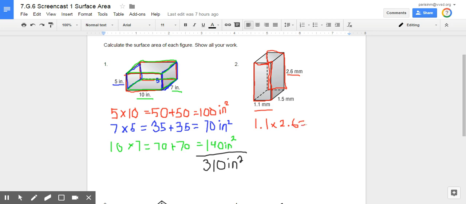I'm going to use my calculator, type that in, 1.1 times 2.6, and I get 2.86. We're talking about area, so that will be millimeters squared. But first, before I add my units, we just multiplied length times width, so that's only giving me one rectangle. We know that back rectangle is the same exact size, so I'm going to add another 2.86.